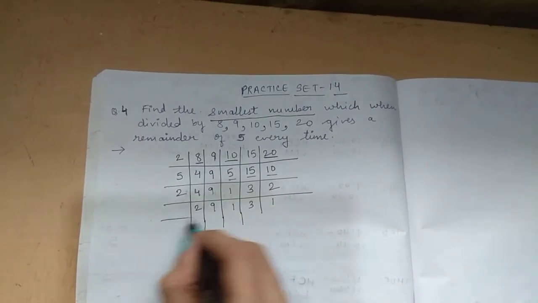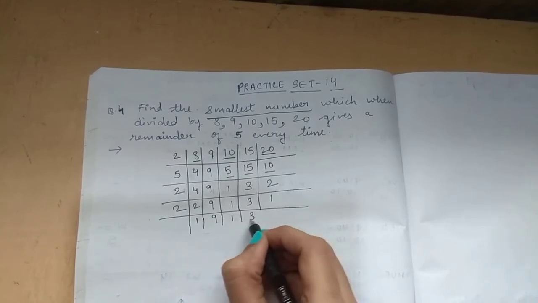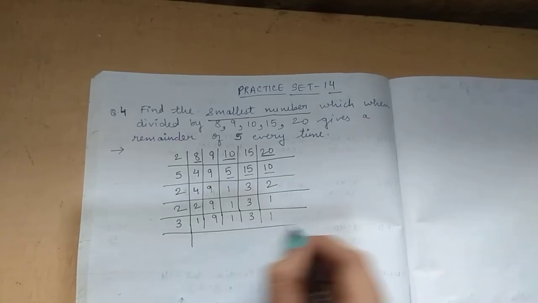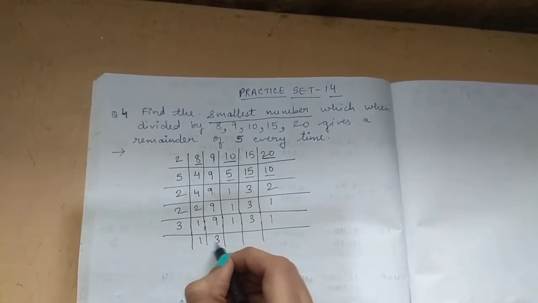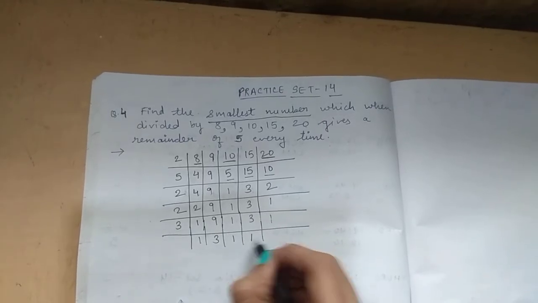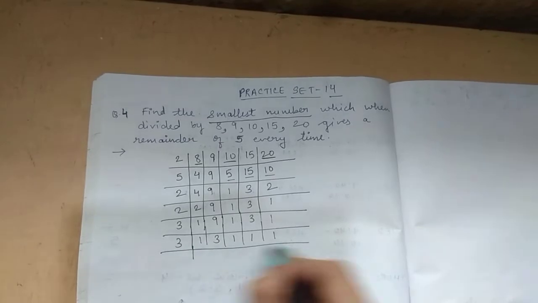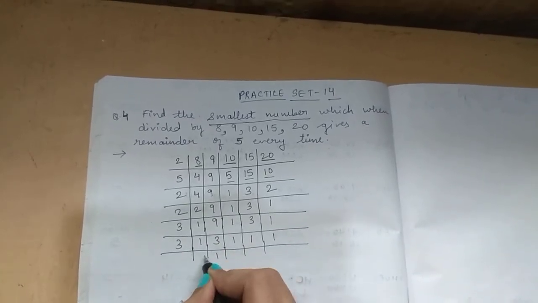Again I am taking 2. Then 3. 3 3s are 9, 3 1s are 3. And lastly again 3. So 3 1s are 3.